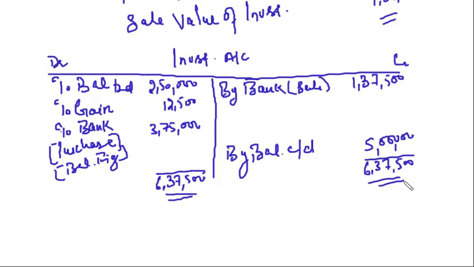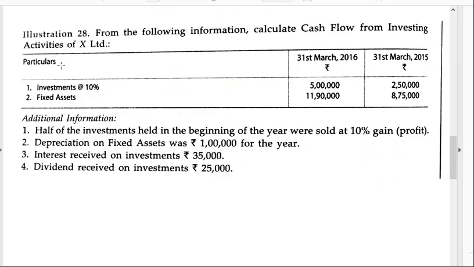So this is our investment account, and we have the other account, that is the fixed asset account, and regarding that we are given that depreciation on fixed asset is 1 lakh for the year and the opening balance is 8,75,000. Closing balance is 11,90,000. So we can prepare fixed asset account also.